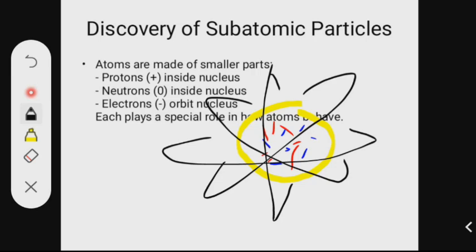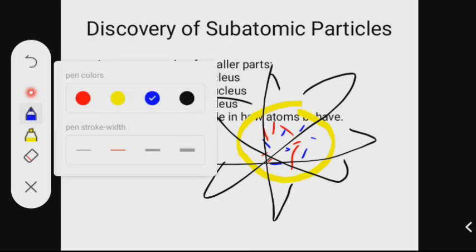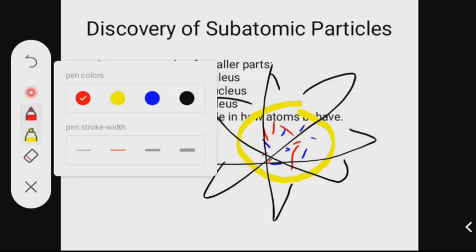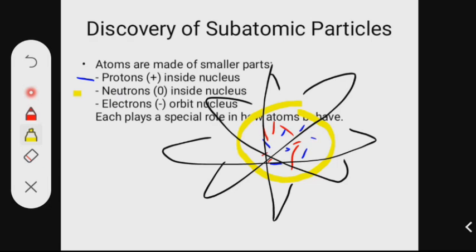He said at the center we have protons and neutrons. Protons are the blue ones. Neutrons are the red ones. Then electrons are the black ones.